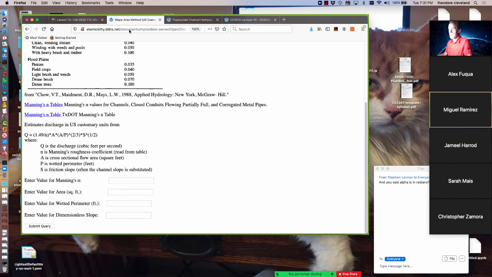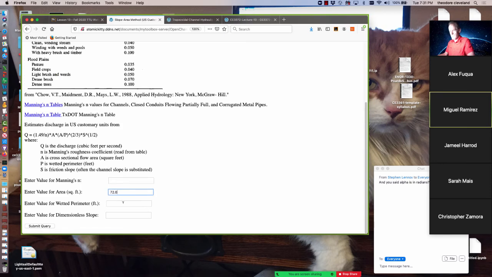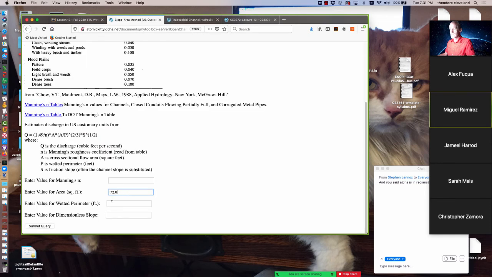Choose copy, paste. We would supply the hydraulic radius. Actually, I'll just go for the whole thing. Copy. Oh, made a mistake. Wetted perimeter. Copy. Paste. And then we would need Manning's n, so we could go look it up in one of these tables.